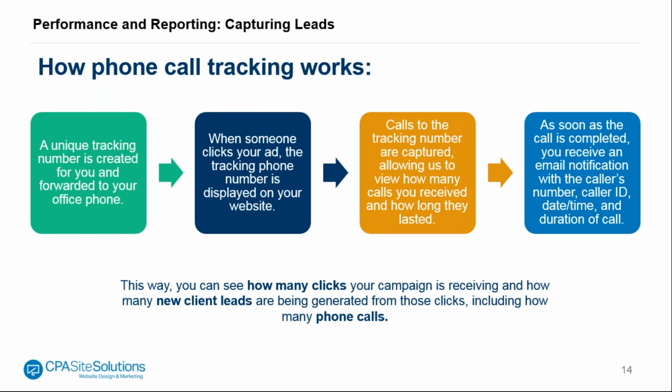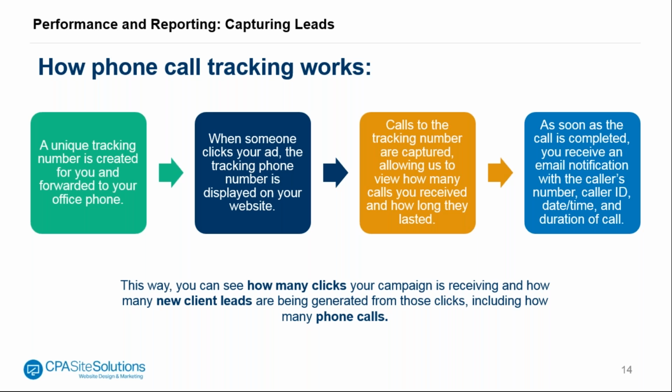Typically what happens is a unique tracking number is set up for you, and that tracking number will then forward the phone call to your main office phone number so that you can take the call. When someone clicks on your ad, the tracking number is displayed on your website, and calls to that tracking number are captured, which allows you to view how many calls you received and how long they lasted as well.